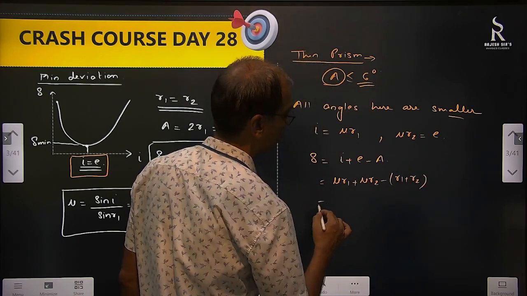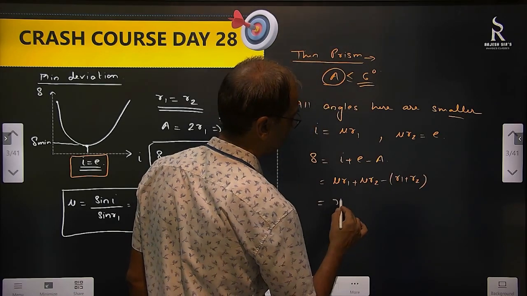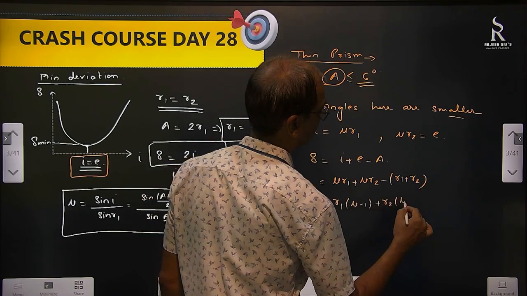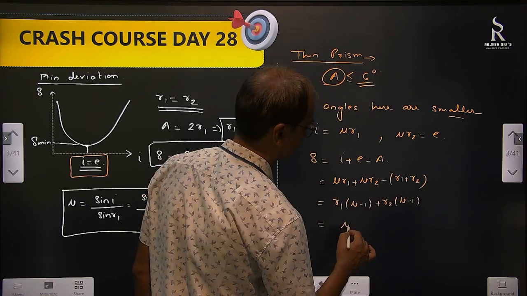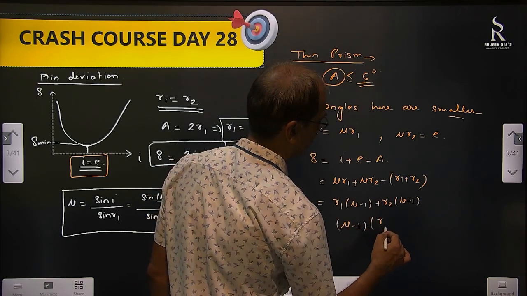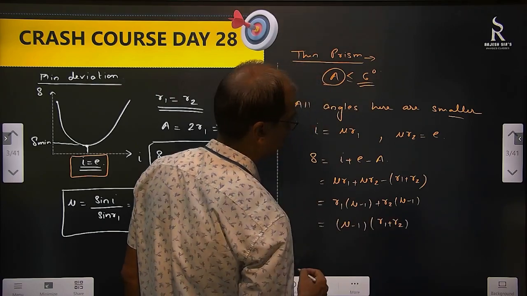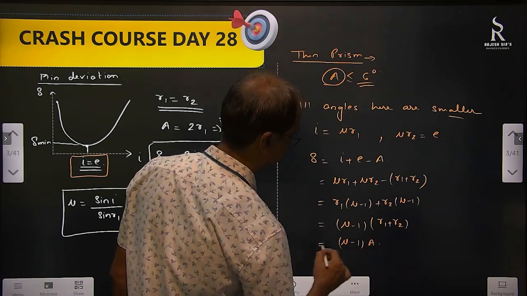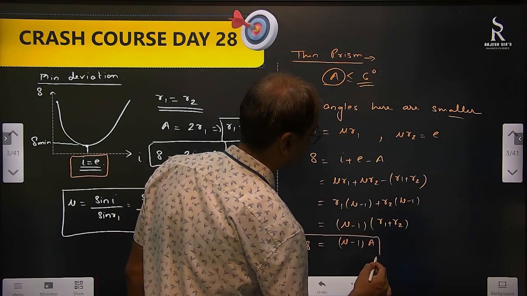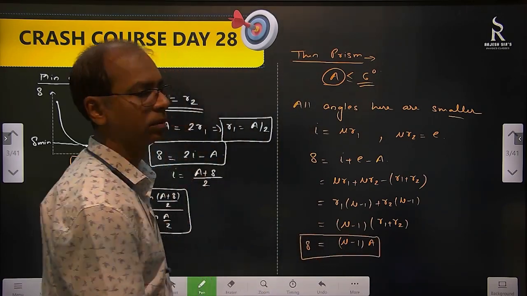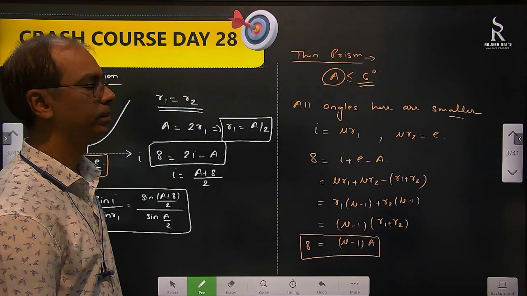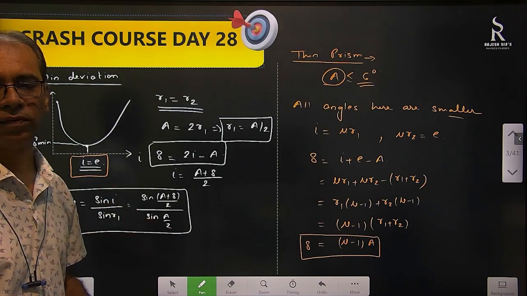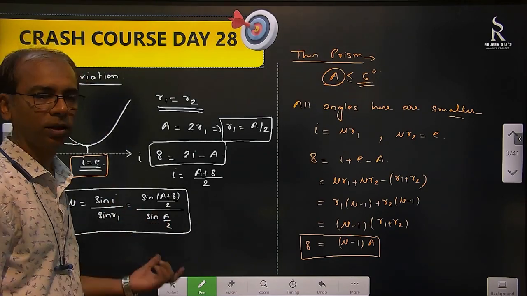So what are we getting here? We take r1 on one side: r1 into (mu minus 1) plus r2 into (mu minus 1). Mu minus 1 is common now: (mu minus 1) into (r1 plus r2). r1 plus r2 is A. So this is (mu minus 1) into A. The deviation in the case of thin prism is (mu minus 1) into A. And the condition for minimum deviation: mu equal to sin of (A plus delta) by 2 by sin A by 2.